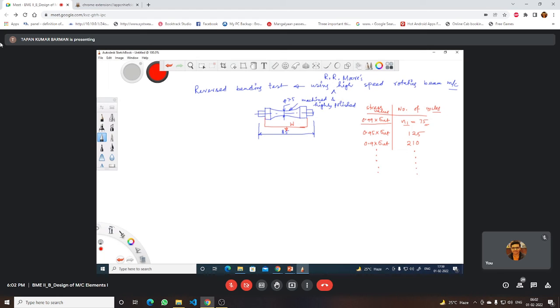Now, using one log graph paper, we try to plot this data, and we'll get this type of curve. This is basically the number of cycles.